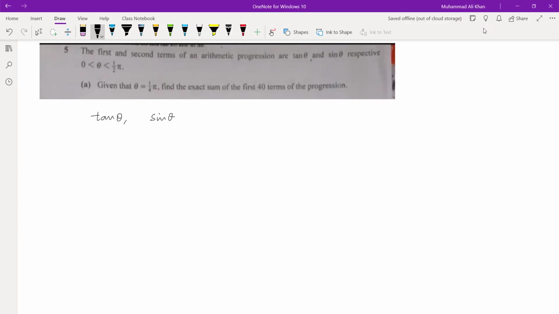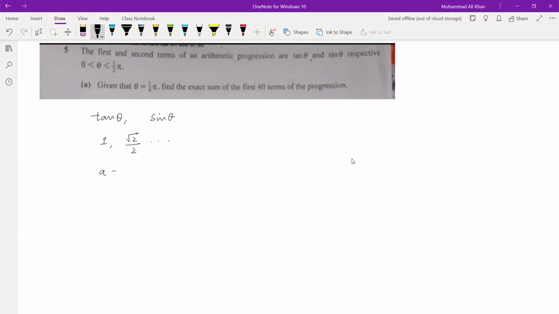Given that theta is pi by 4, the first term tan pi by 4 is 1 and sine pi by 4 is under root 2 by 2, and so on. This is the arithmetic progression, and we need to calculate the sum of the first 40 terms.